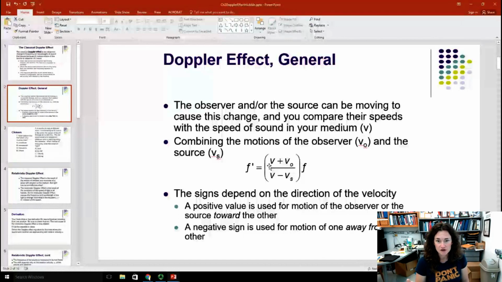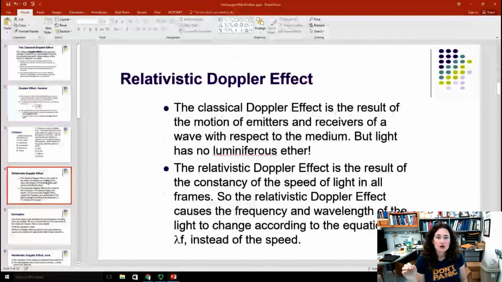The sign for the velocities in that equation depends upon the direction of the velocity. A positive value is used for motion of the observer or the source towards one another, and a negative sign is used for motion of one away from the other. And so you can see why the frequency shifts the way it does when the police car drives by and the siren's on.